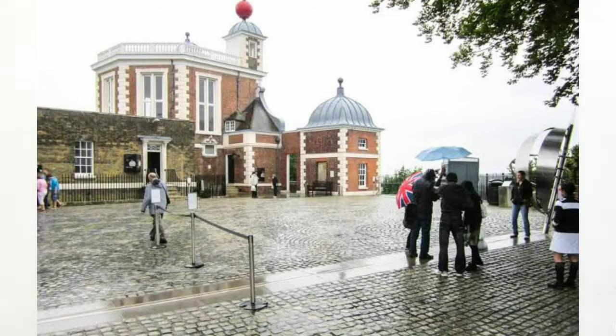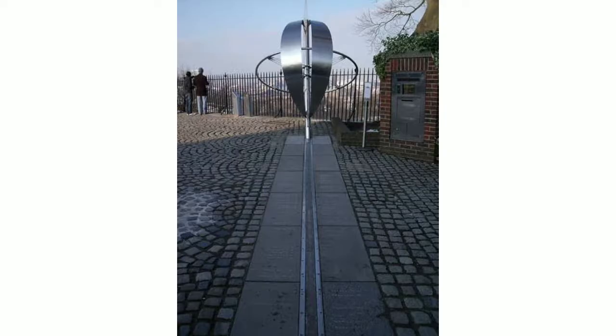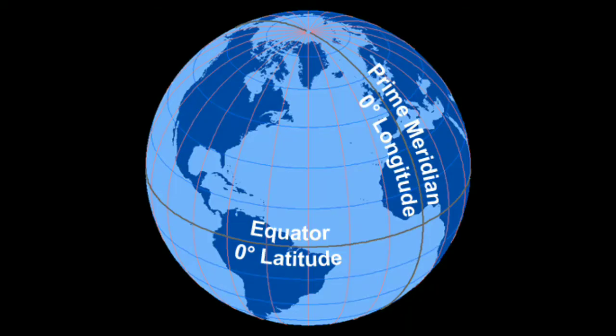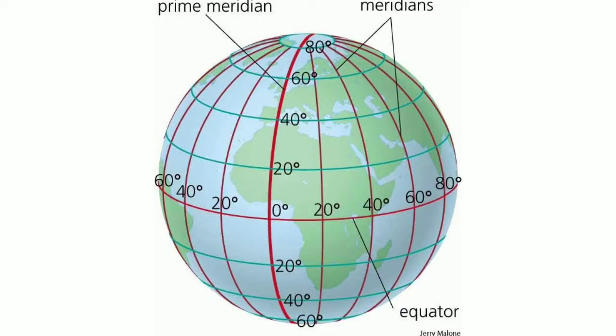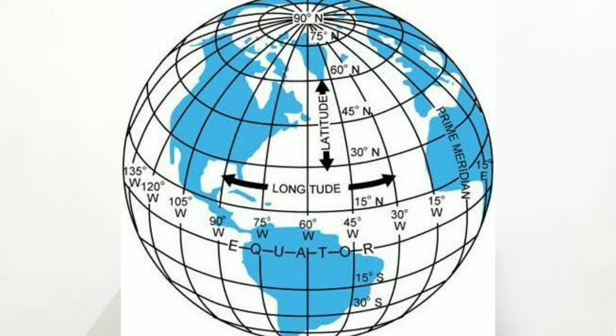For that purpose, in 1984, through an international agreement, it was decided that the meridian or the longitude that passes through the British Royal Astronomical Observatory near Greenwich is considered as the prime meridian, and this meridian is given 0-degree value. From this prime meridian we are counting the meridians eastwards and westwards. Starting from 0-degree, there are 180-degree meridians eastwards and 180-degree meridians westwards.